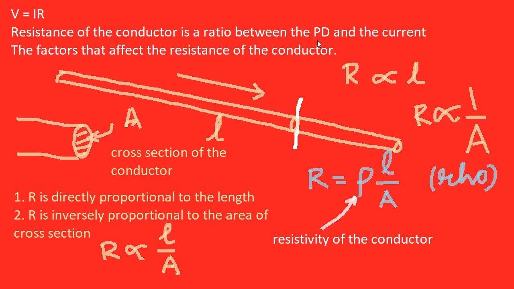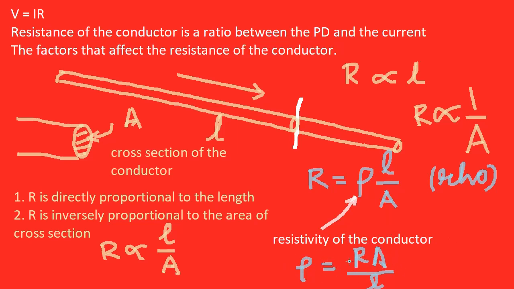From this relation, we can write that rho is equal to R times A divided by L. That is what rho is, and hence this gives us the SI unit of rho.